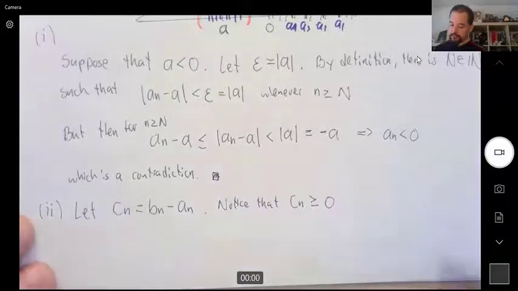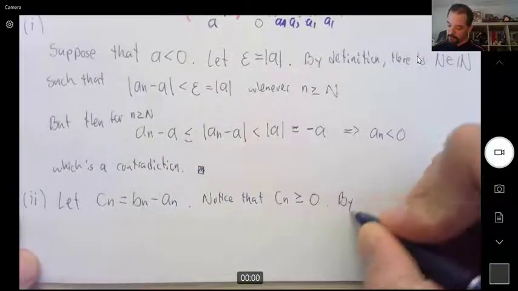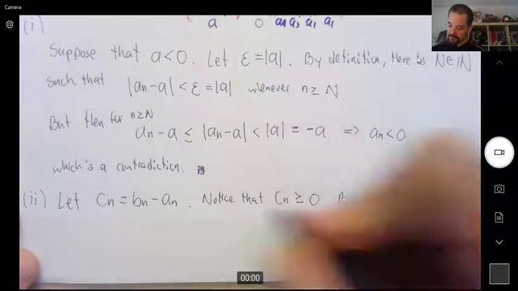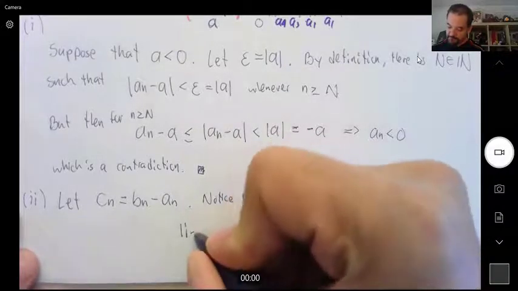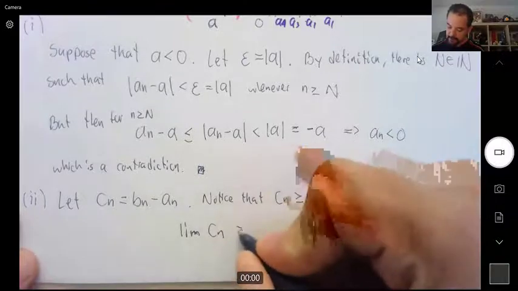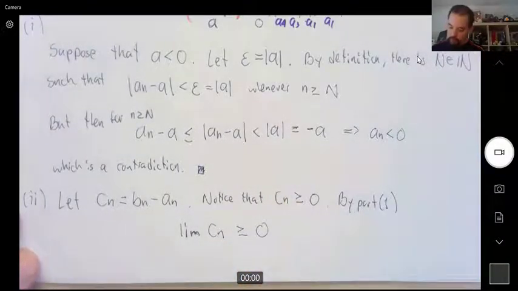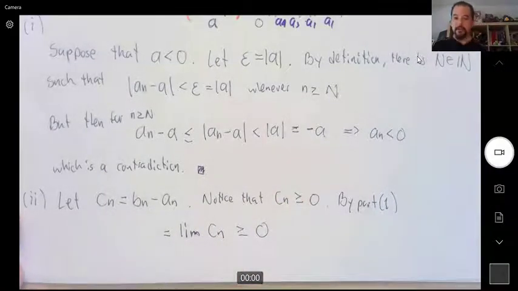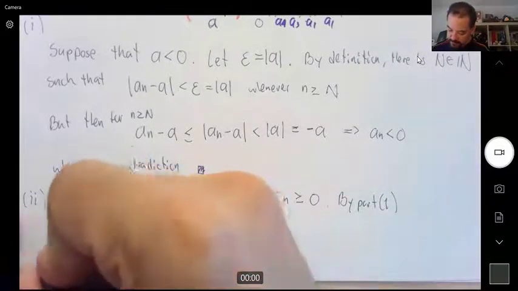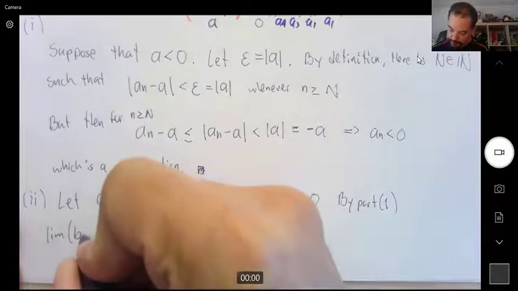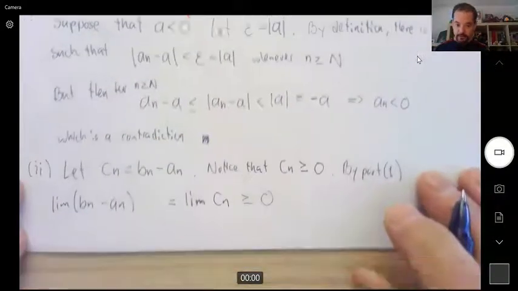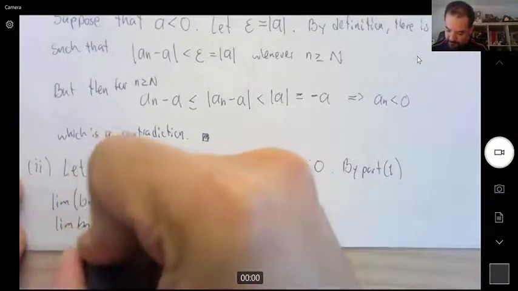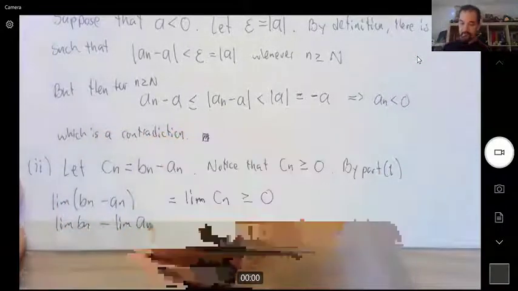Well, that means that we can use part 1. So by part 1, the limit of cn has to be positive, right? But what is the limit of cn? Well, it's the limit of the difference of two sequences. So by the previous theorem, the algebraic limit theorem, we know that the limit of cn is the limit of bn minus an, which is in fact the limit of bn minus the limit of an, right?